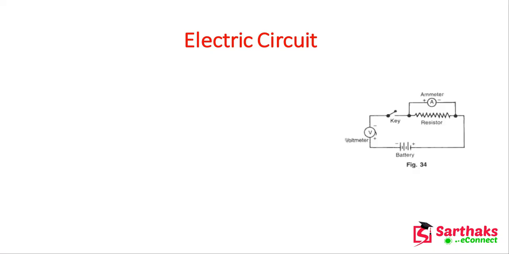The ammeter is used for the calculation of the current, that is, how much current is passing through the circuit, and it is always connected in series.